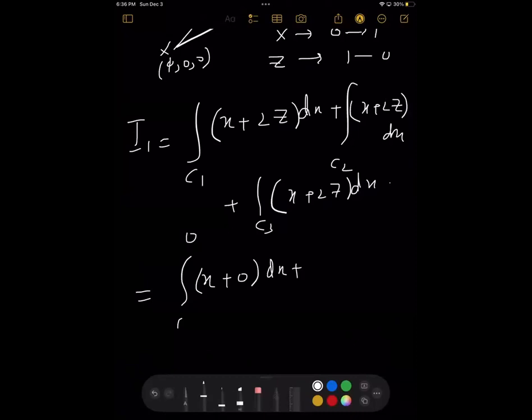In C2, we have 0 to 0 because x is going from 0 to 0, and everything is 0 here. For the third one, we have 0 to 1, x plus 2z.